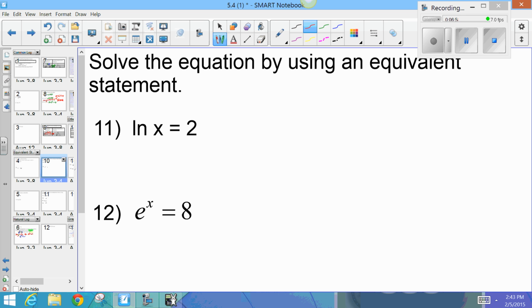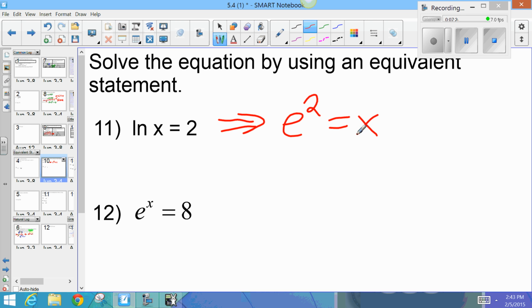Here we've got solve the equation using an equivalent statement. Let's write the equivalent statement. The natural log means I'm taking e to some power. Well, e to the power of 2 equals x. Depending upon the problem, you might just leave that as your answer.